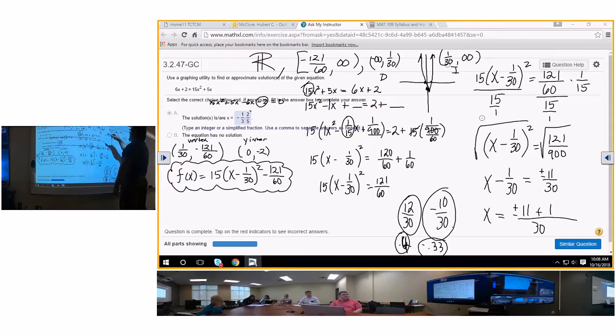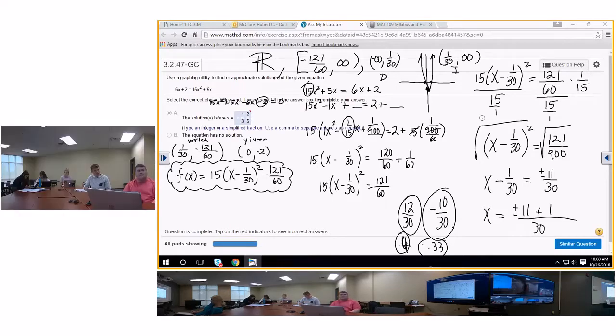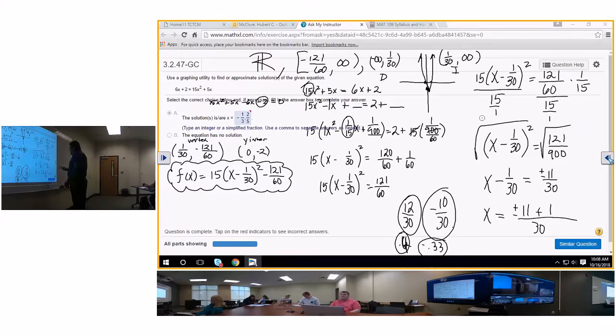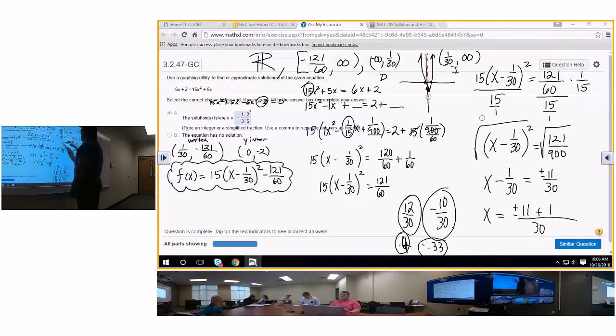Have y'all started to see a pattern with the decreasing and increasing? They all contain the same number. Hopefully y'all have seen that. And the line of symmetry always goes through the vertex, and it's always going to be x is equal to 1/30. That's how you write the line of symmetry.